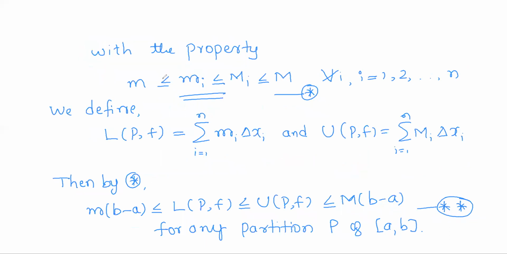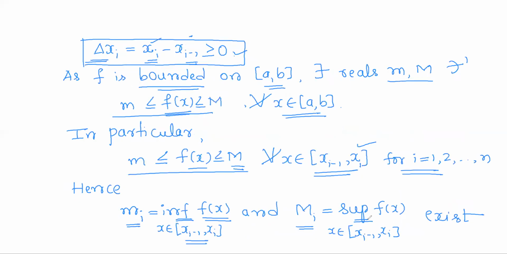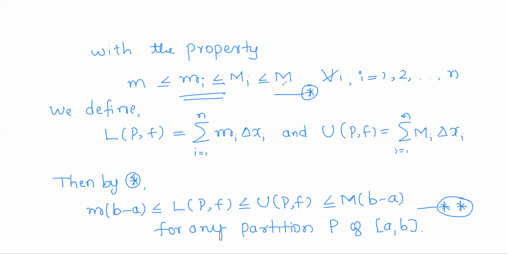The greatest lower bound will always be greater than or equal to a lower bound. Now, M_i is the supremum of these numbers, that is the least upper bound, and M is an upper bound. So any upper bound will be greater than or equal to the least upper bound.